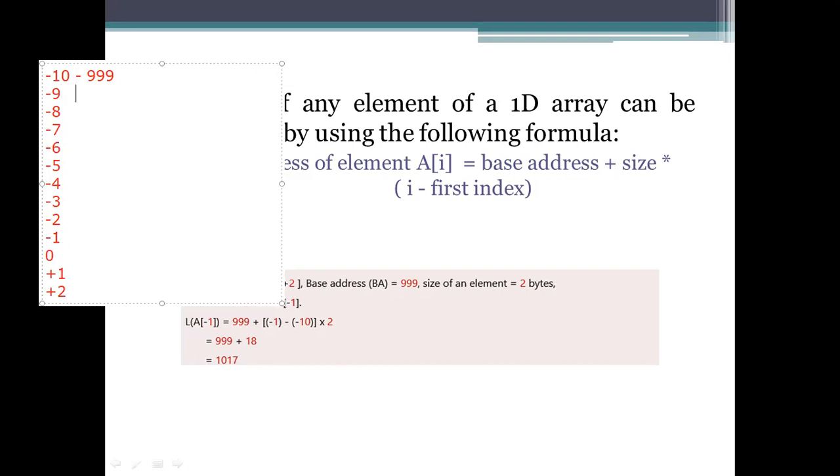Now see, what is the address of the next one? Add 2 bytes to that. Again 2 bytes.